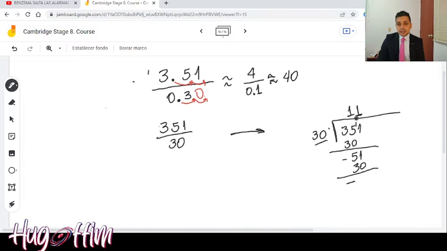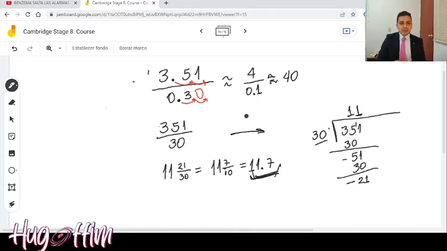Then I subtract, I'm going to get 21. So the idea is that this number is 11 and 21 over 30. Or if you simplify by 3, it could be 11 and 7 over 10. Okay, 7 tenths, or 11.7. Look at that, I got 11.7 in my answer. So this is how you can divide the numbers.